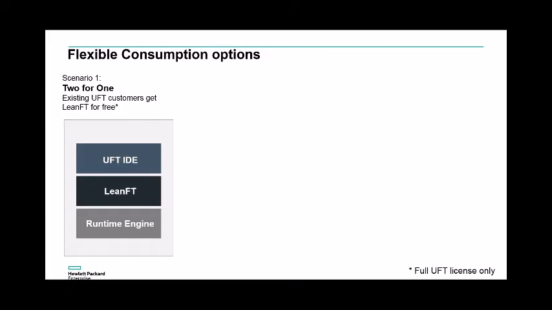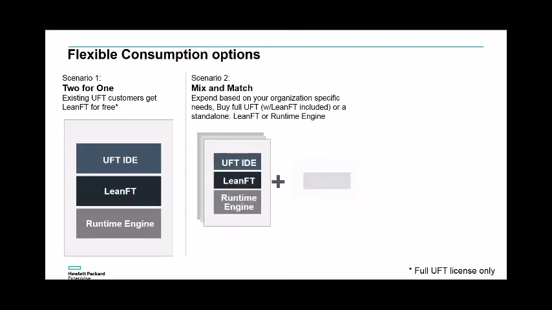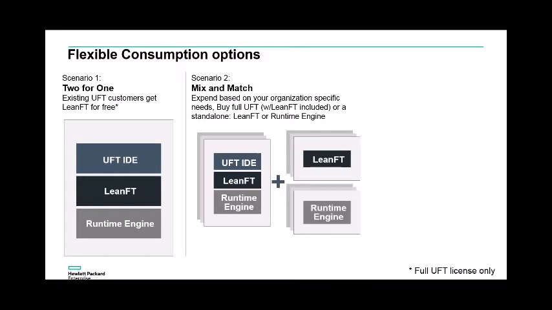So this is the first scenario, where you are getting two for one. And this is available, as we mentioned, from version 12.5 forward. The second scenario is: what do you do if you need additional licenses? In this case, we have the mix and match, meaning you can buy the full-blown UFT and get everything as part of it, but you can also buy a standalone version of LeanFT and of the runtime engine.